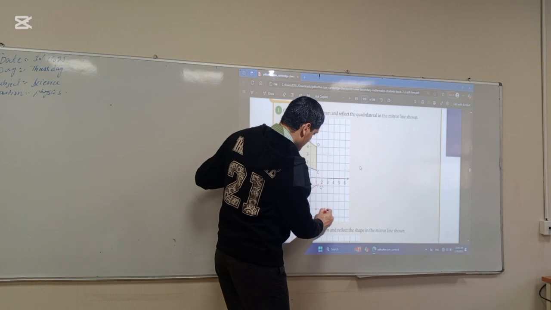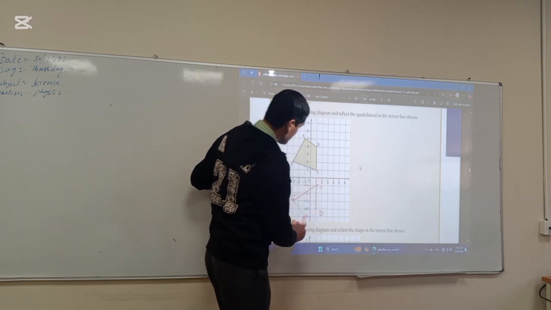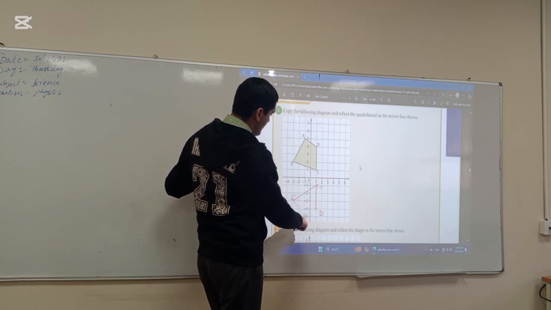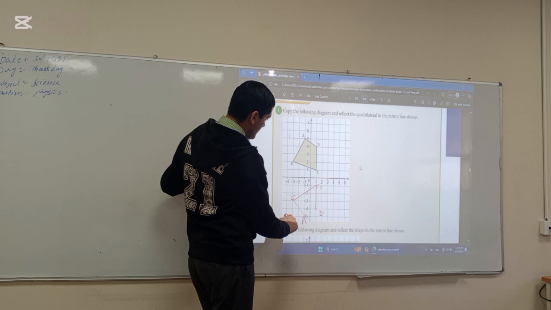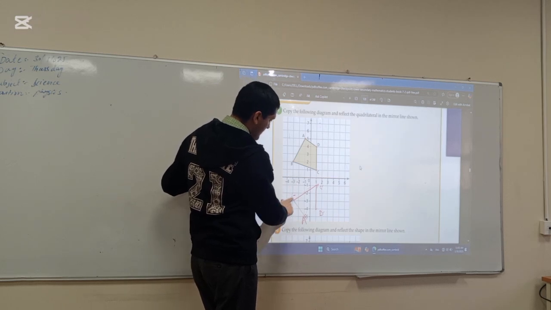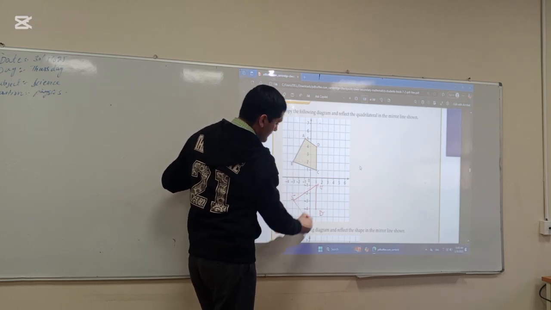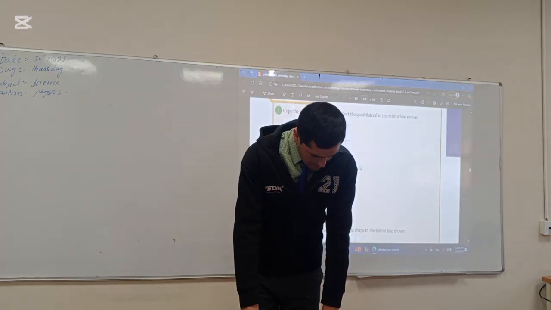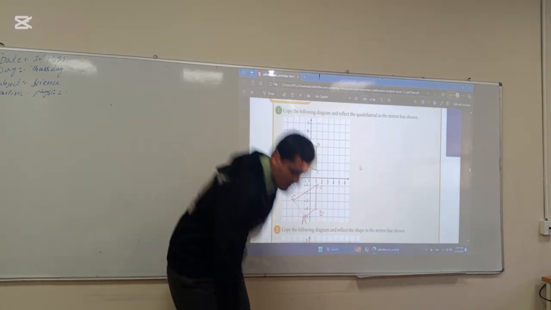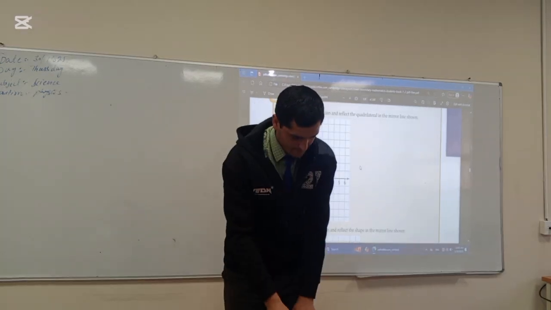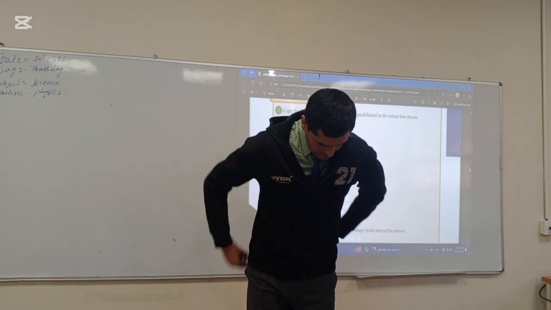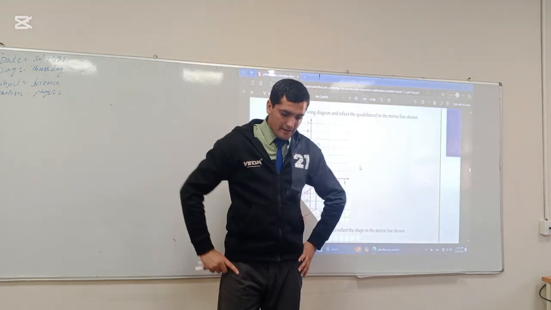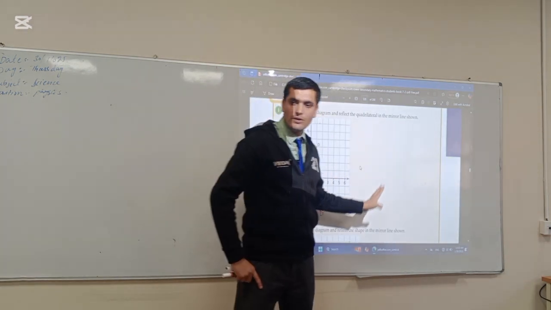This is D. Then D and A, D and C, C and B, and A and B. A and B is done, and A and D, yes. So this one will become your final picture. Understand? Any problem in this? Okay, now the next problem, along this line. Do you want to do this in your book?